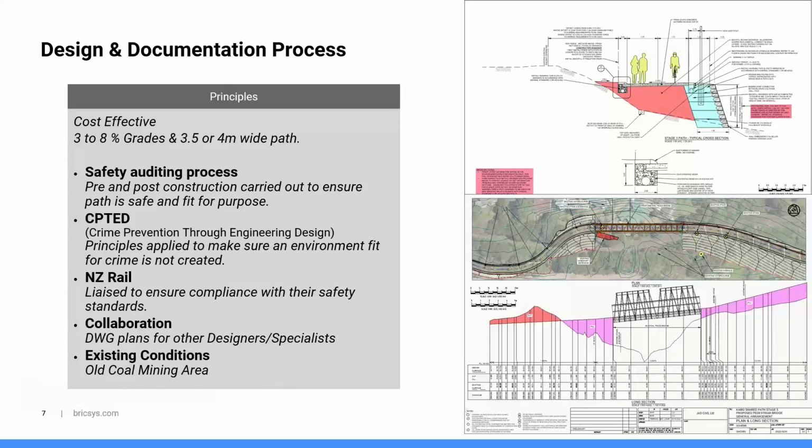The bridge itself is quite close to an old mine shaft, which is shown on the drawing on the bottom right hand side. There's an ongoing investigation of the ground conditions, so there may need to be a little bit of adjustment of the bridge location.